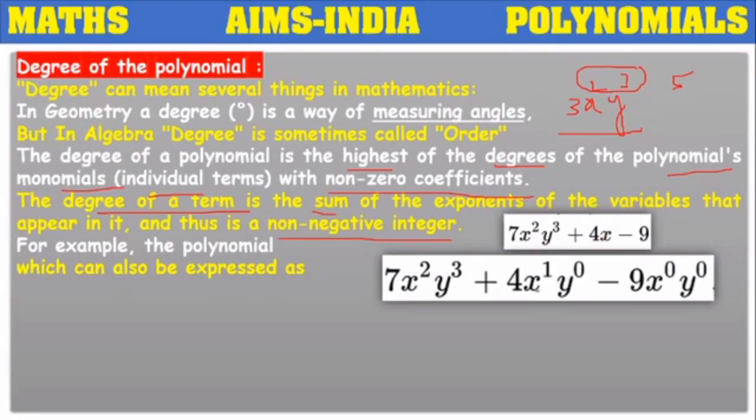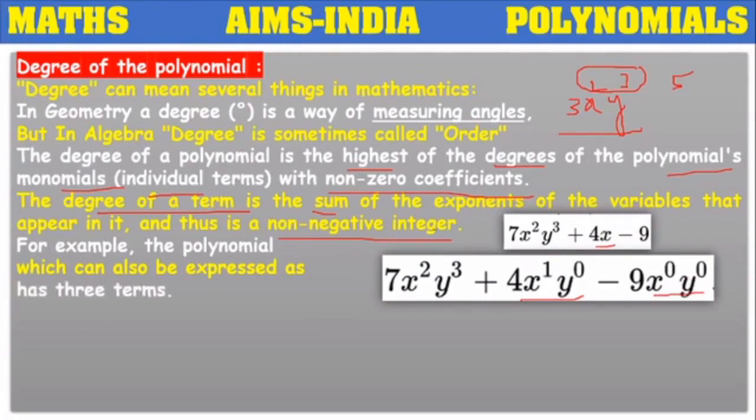For the variable x we can take 1 as the exponent, because nothing is mentioned means 1. As there is no variable relating to y, we can take y to the power 0. So the second term 4x will be written as 4x to the power of 1, y to the power of 0. In the third term, both the variables are missing, so we can write them as x to the power 0, y to the power 0.